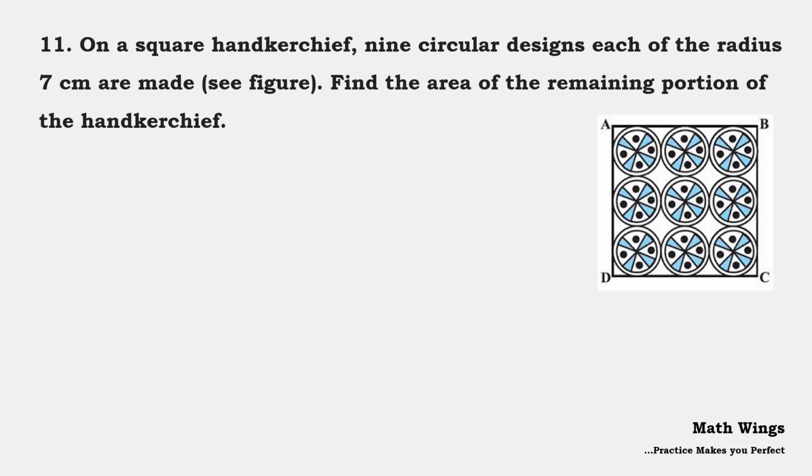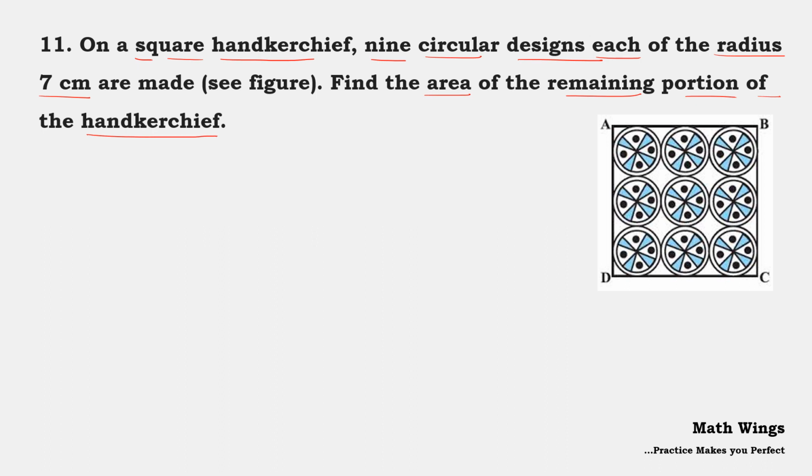Here is the question. The question says that on a square handkerchief, we have 9 circular designs, each of radius 7 cm, made as shown in the figure. Find the area of the remaining portion of the handkerchief.